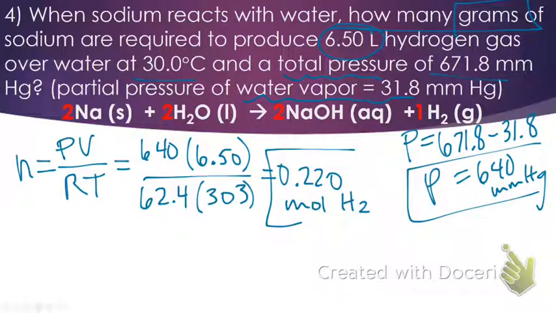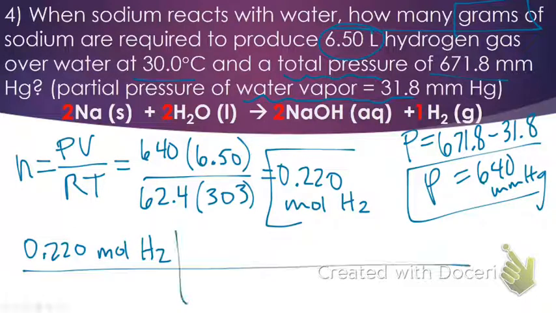And remember, this is our n, but I'm going to use this as my given so that I can take these moles of hydrogen, and my goal is to get grams of sodium. So here's my hydrogen, here's my sodium.